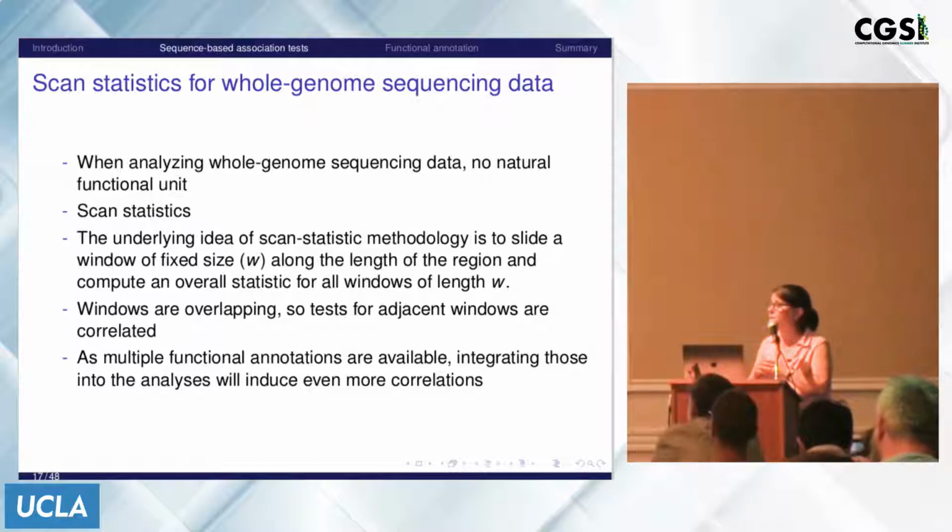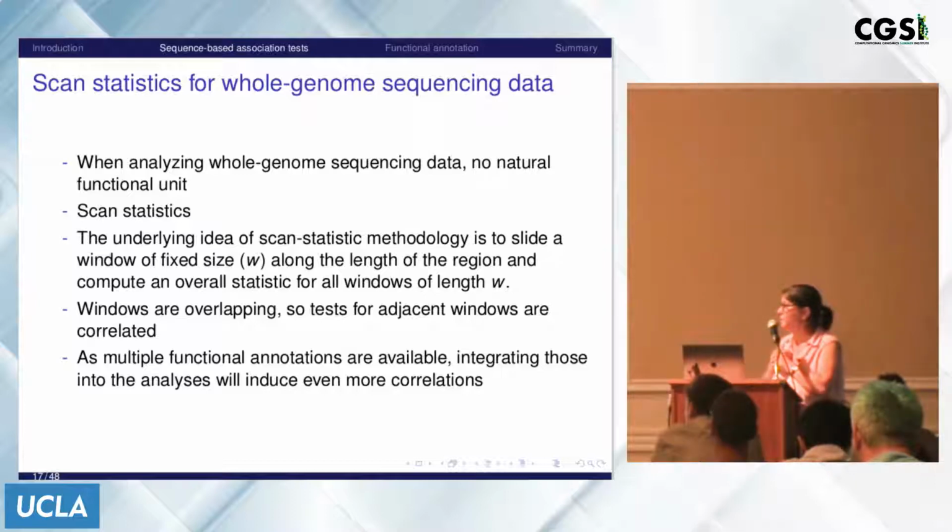We're going to use scan statistics. The underlying idea in scan statistics is to slide a window of a fixed size W along the length of the region or the genome, and compute an overall statistic for all windows of length W.